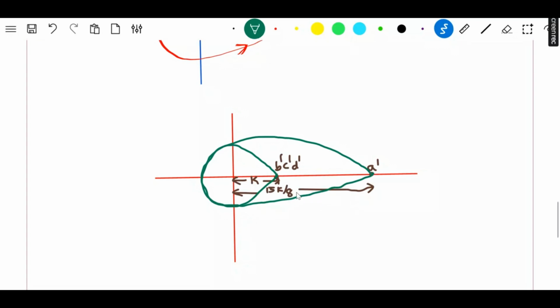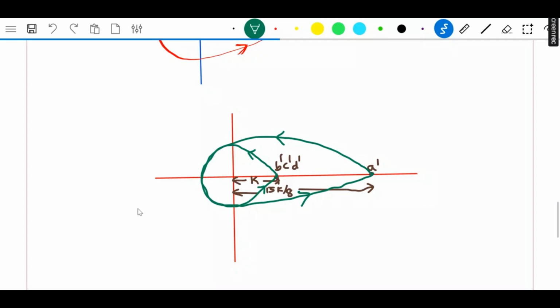The direction of this is in this direction, and this is in this direction. And it is going and meeting at A dash. So this is the final contour for this particular problem.